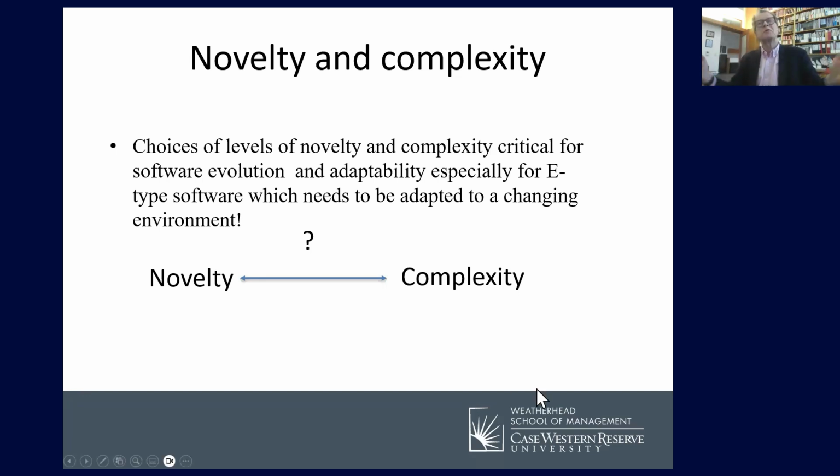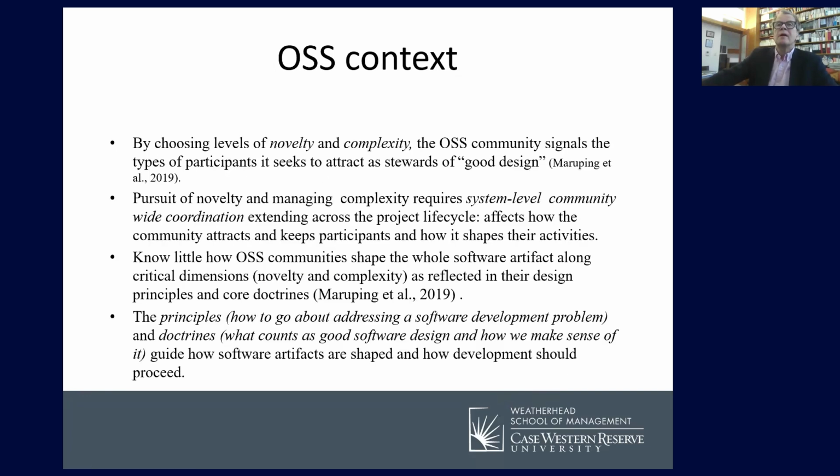If you have software which computes sine functions, for example, sine functions are mathematical, there's no such relationship. But most software is like E-type software. When you put it in the environment, it generates a response from that environment, which leads to additional evolution in the software. So you need to somehow balance this relationship between novelty and complexity when you develop software.